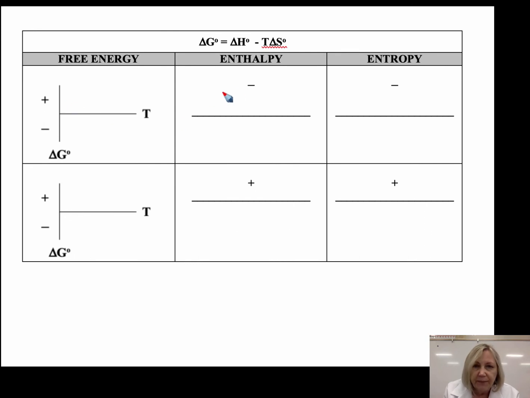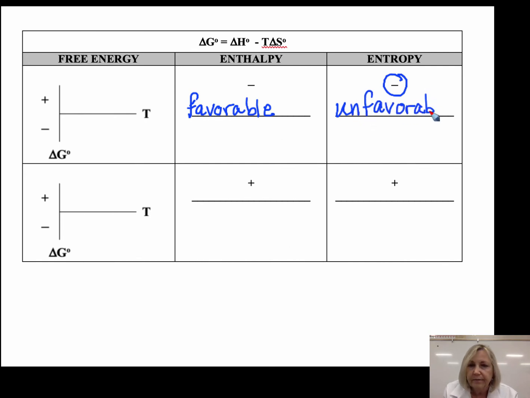For a reaction, here we have a negative enthalpy. That's exothermic, and that's considered favorable. So we don't have an energy barrier here, but our entropy change is negative. So that's our barrier. That's unfavorable. So how can we overcome that?